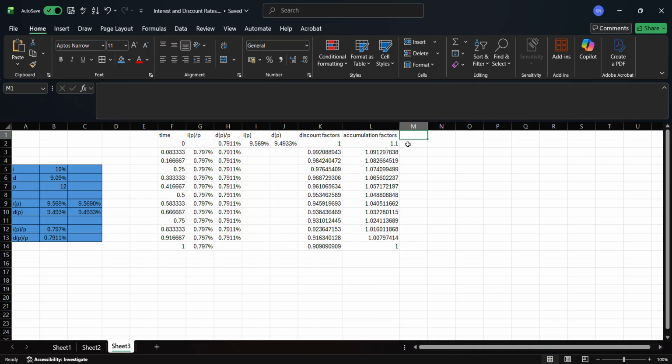Why do I have discount factors and accumulation factors? Well, because the interest rate is the total interest earned at the end of the measurement period. This effectively means that if we take the interest earned at the end of each month and accumulate all of them to the end of the year and sum them all up, we should be able to get back to this.